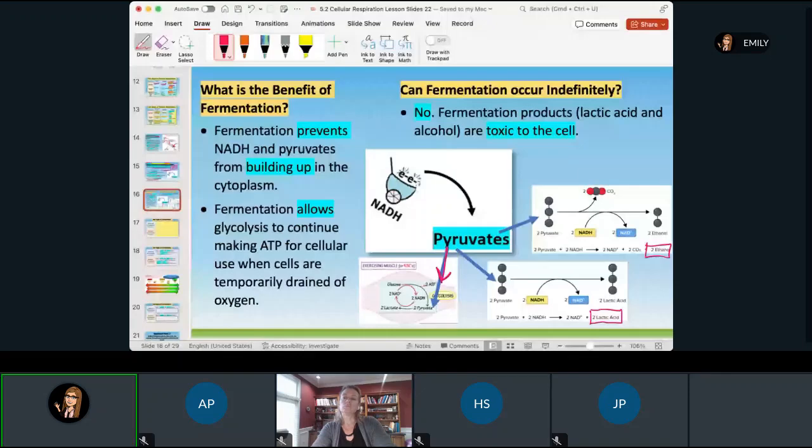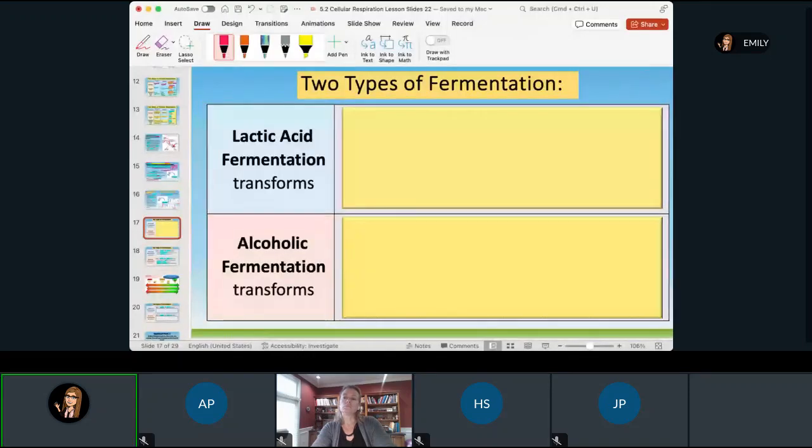So let's talk about the difference between the two types of fermentation. Okay. Now, both of them start with NADH and pyruvates.